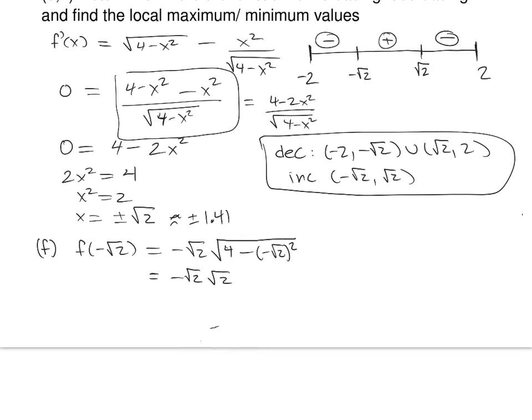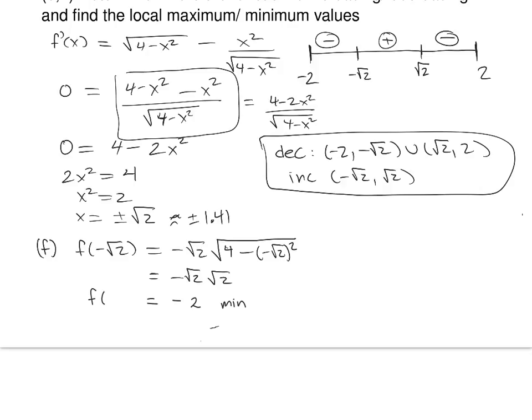Does that make sense? Because the negative root 2 gets squared, becomes 2. 4 minus 2 is 2, rooted again. And that's kind of cool because this is just going to be -2, right? And is that a min or a max? Min.